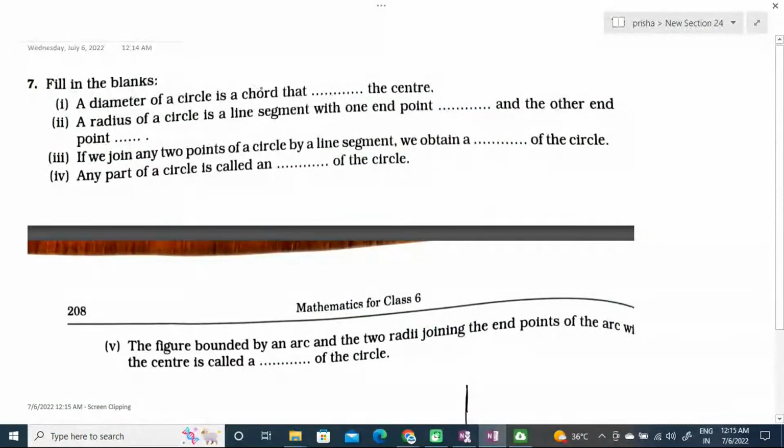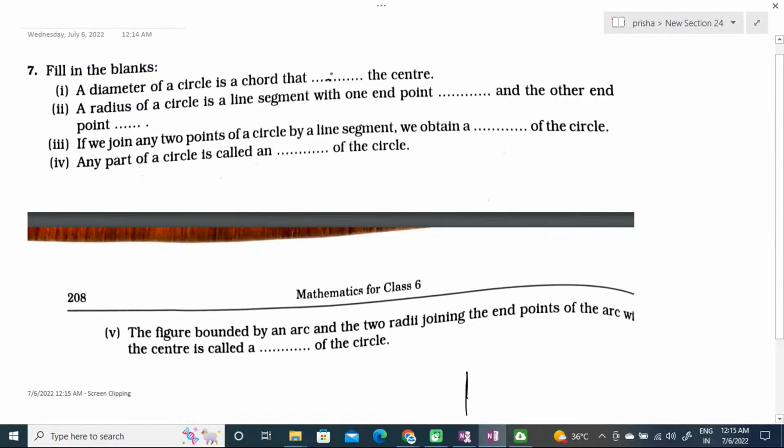Diameter of a circle is a chord that passes through the center. The radius of a circle is a line segment with one endpoint at the center and the other endpoint on the circle.